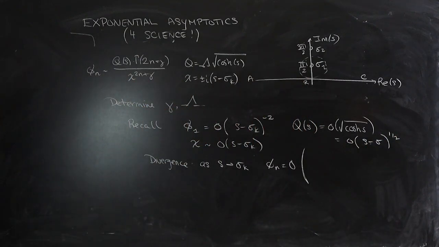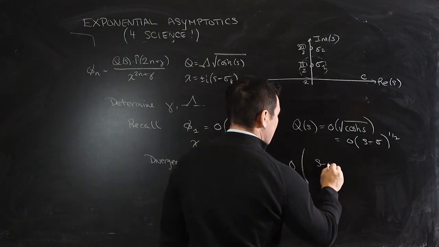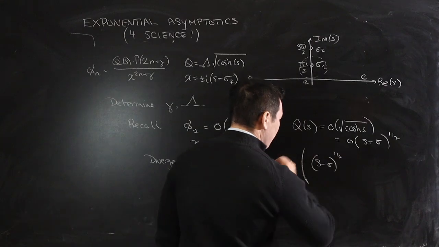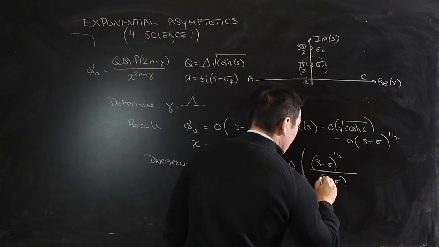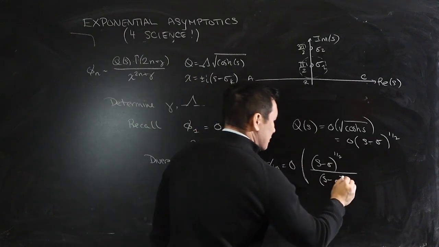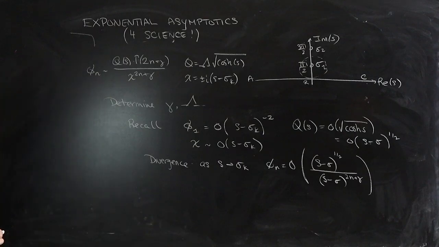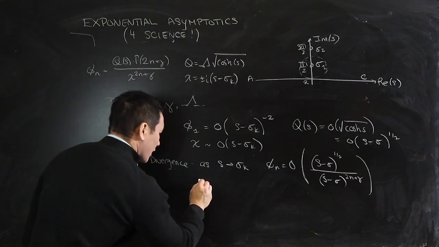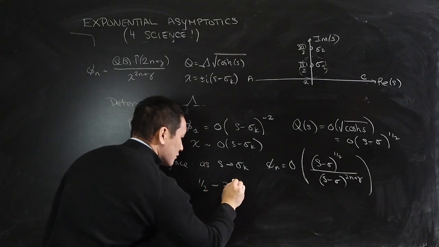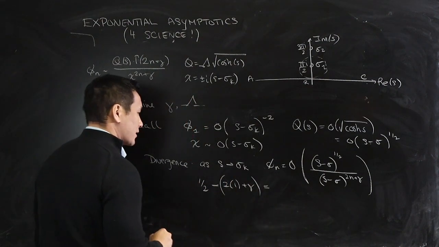So you put all of these together, and that tells you that you have s minus sigma to the 1/2 from the Q, and then you have s minus sigma to the 2n plus gamma from the chi, and at n equal to 1, if I want to match this fella here, I basically need 1/2 minus 2 times 1 plus gamma to be equal to minus 2.